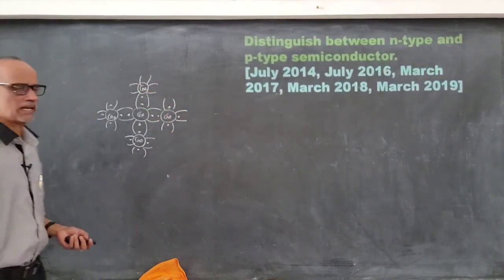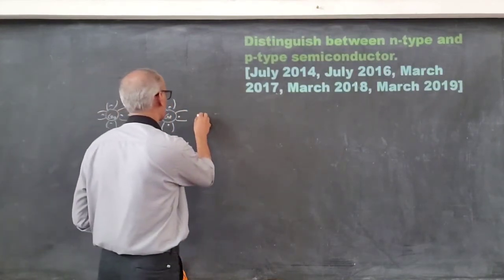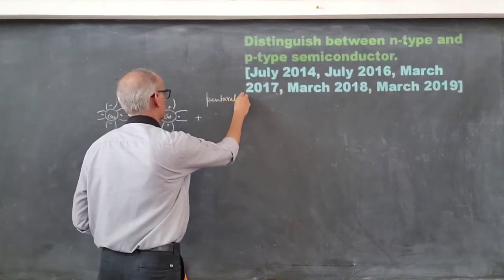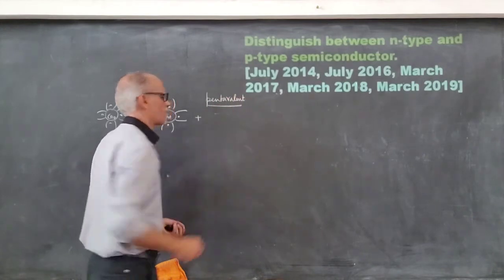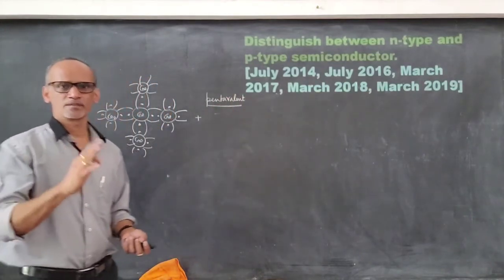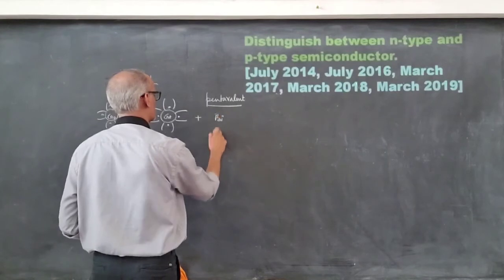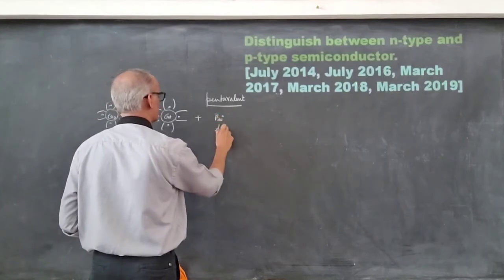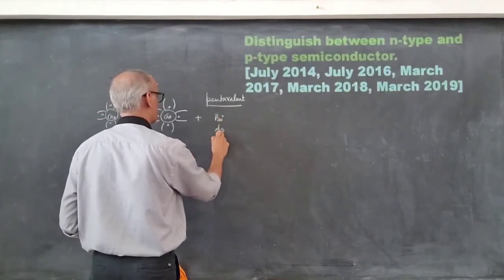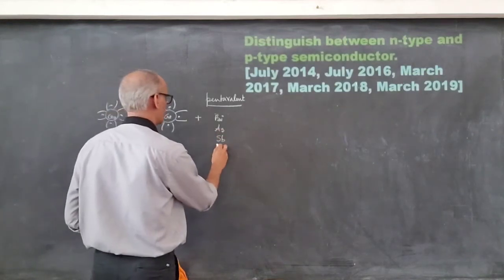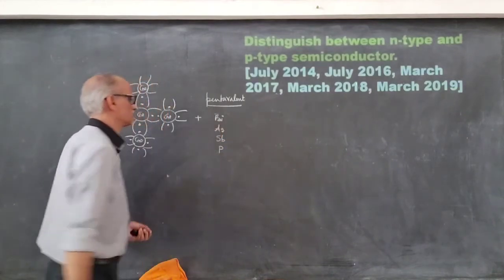Now if I add one impurity atom, let us consider pentavalent, that is atoms having 5 valence electrons. Examples are bismuth, arsenic, antimony, and phosphorus.